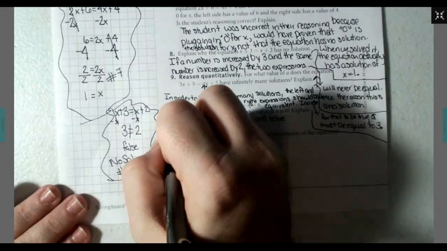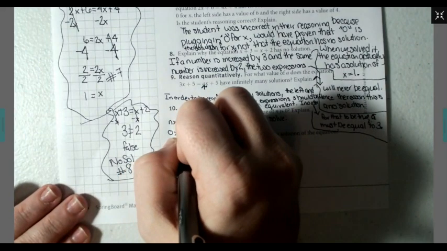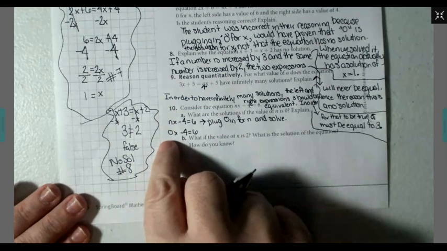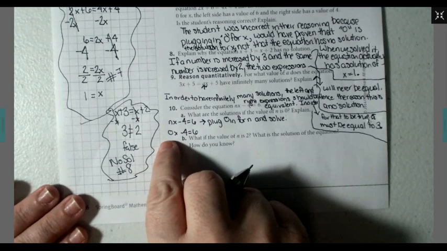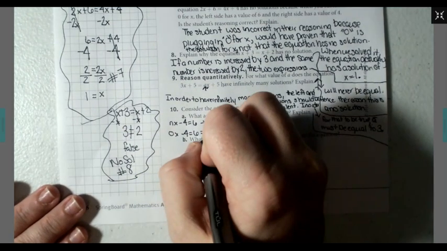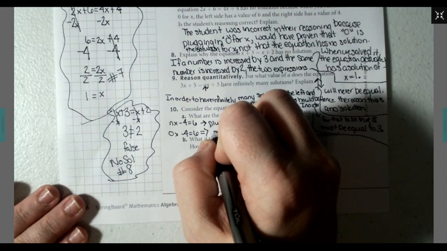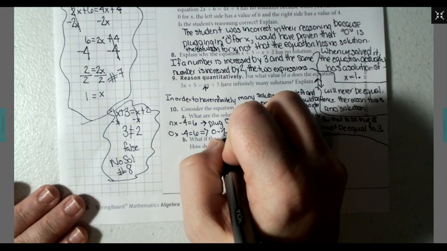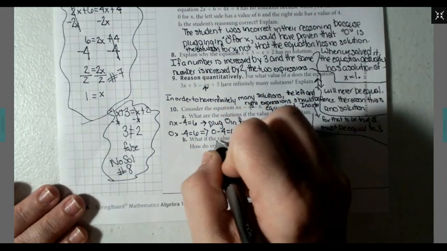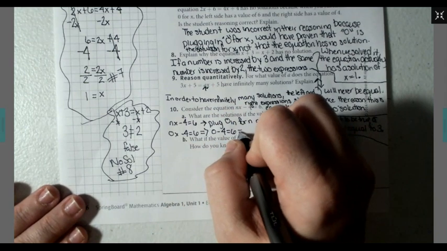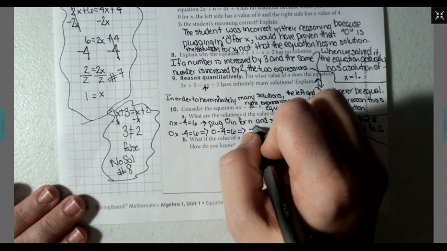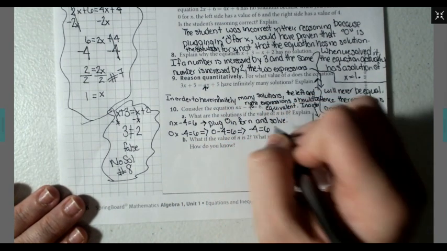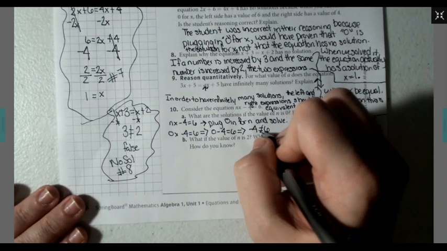So let's take a look. 0x minus 4 equals 6. What's 0 times x? Should be 0. What's 0 minus 4? Should be negative 4. Will negative 4 equal 6? Never.